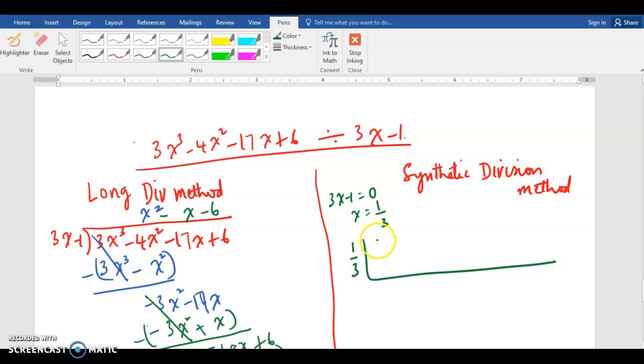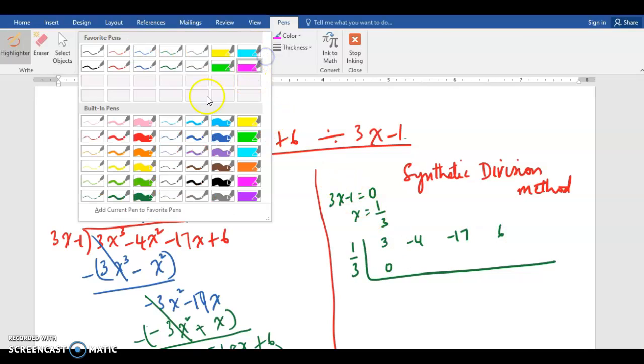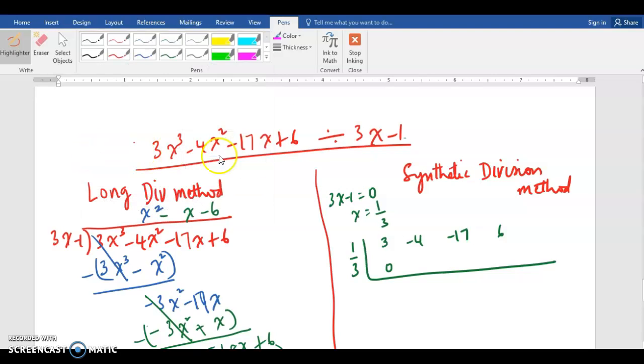And now I'm going to line up the coefficients. 3, -4, -17, and 6. And I start with the 0 in the second row. Right? So what happens here is 3 plus 0 is 3, and 3 times 1/3 is a 1.